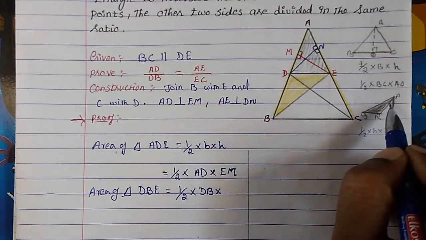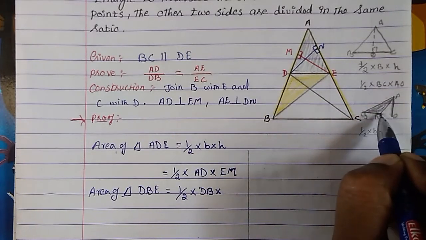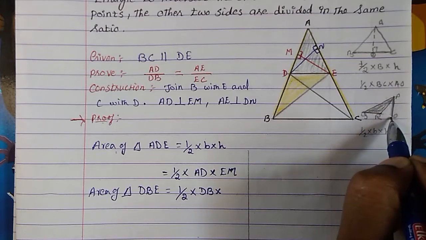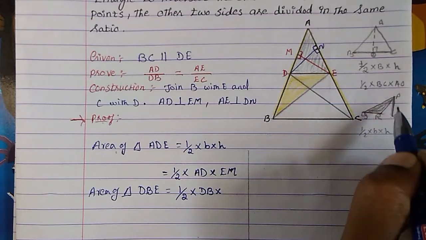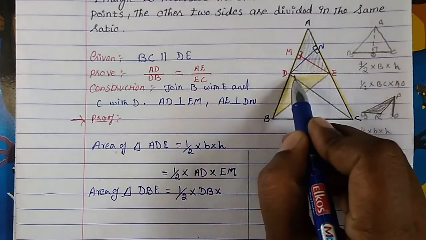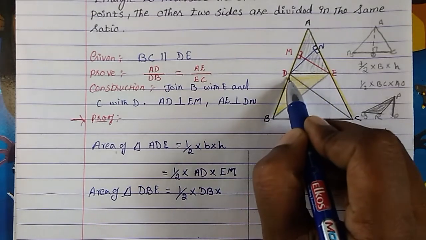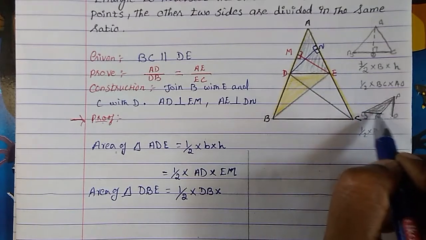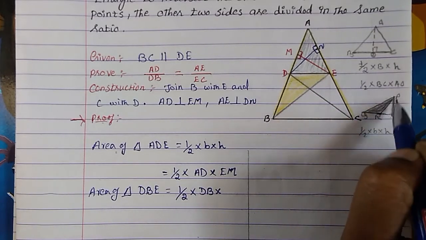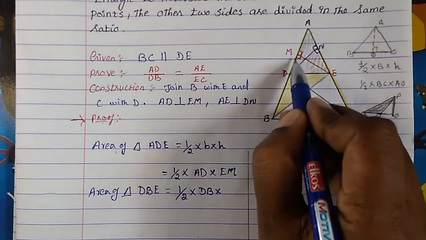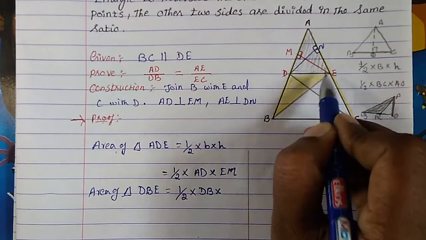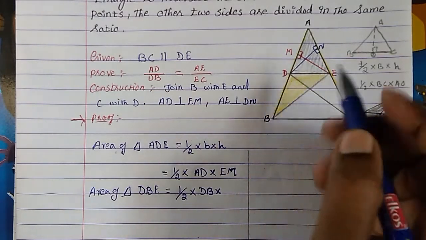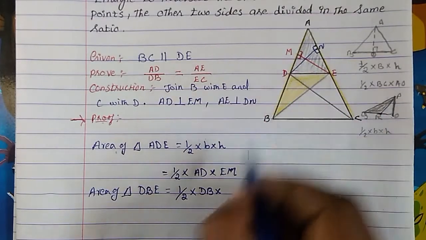I told you, if the triangle has no perpendicular, we can take the height from outside. So for this triangle, the base is here, so the perpendicular is drawn here. This becomes the height for this triangle. So this is EM.